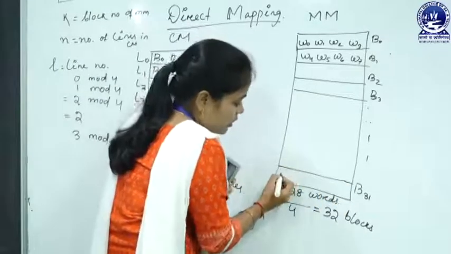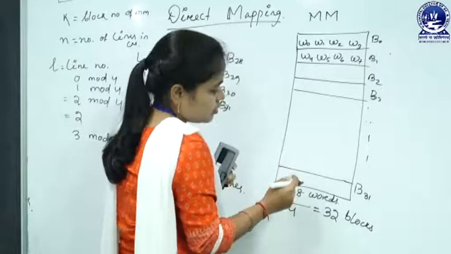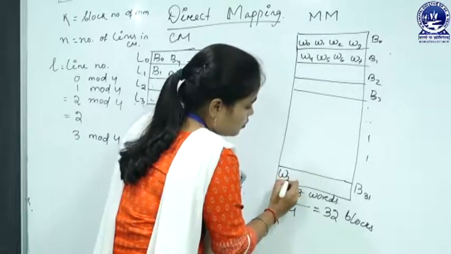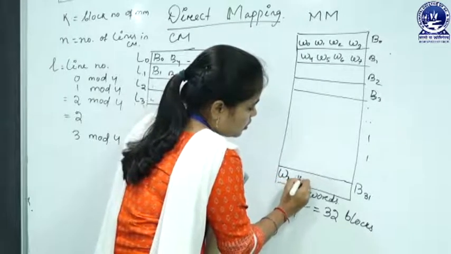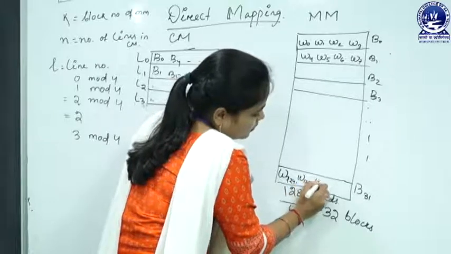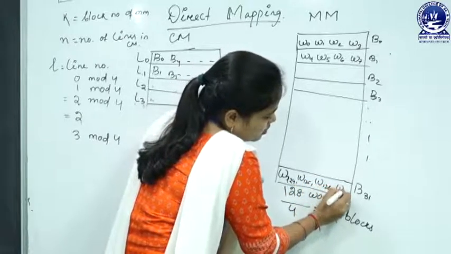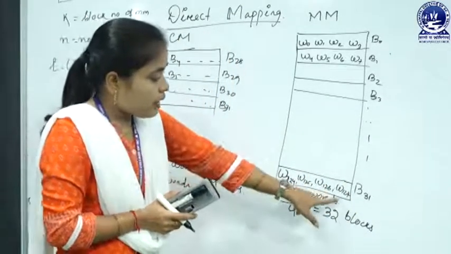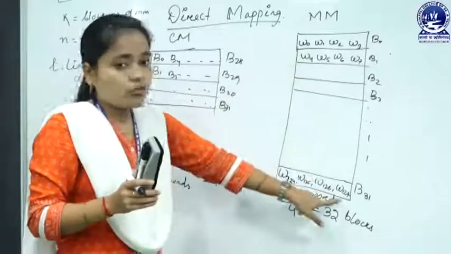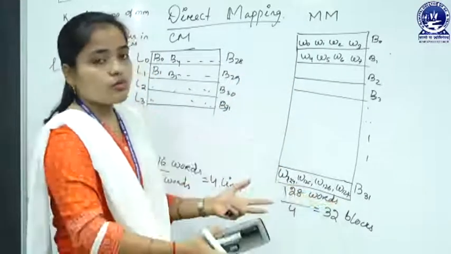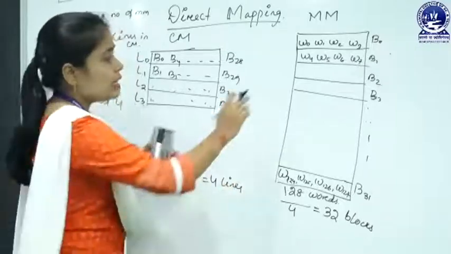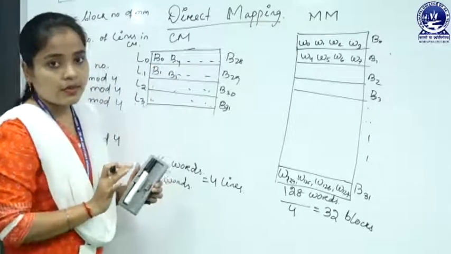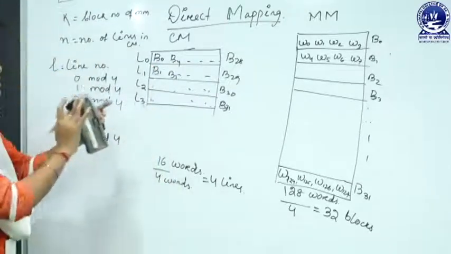It will hold W124, 125, 126, 127. So these are the 128 words, 0 to 127, stored in the blocks, and a complete block will be assigned into a cache line. And this is the concept of mapping.